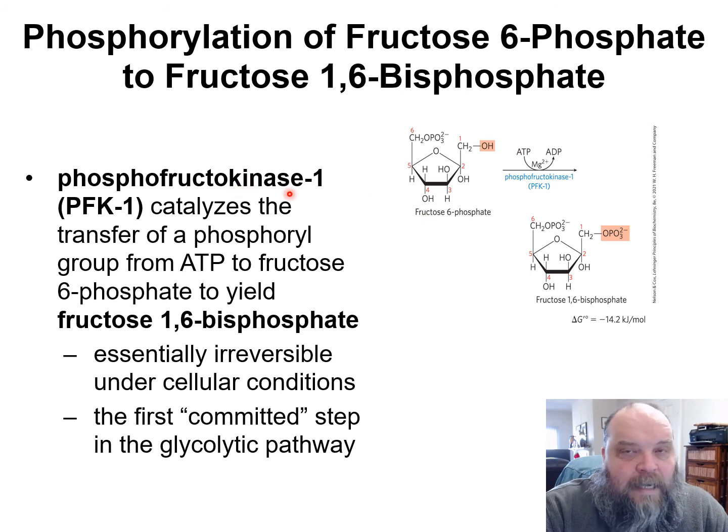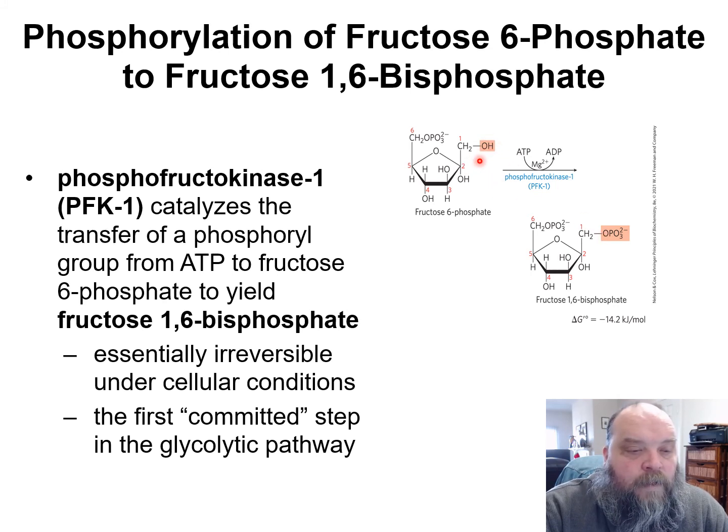Any enzyme with kinase means it takes the terminal inorganic phosphate of ATP and adds it to its substrate. Well, the only place really available that's open for a new phosphate to be added here is at carbon 1. Again, phosphofructokinase 1, also known as the acronym PFK1, with magnesium to help stabilize everything.